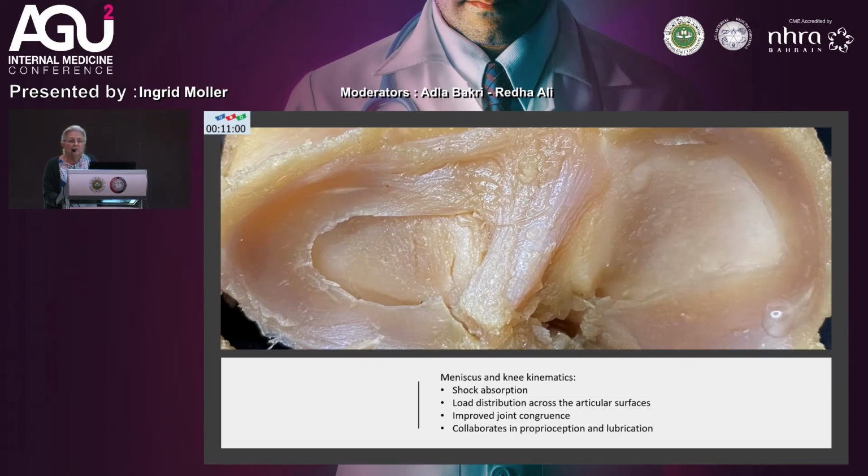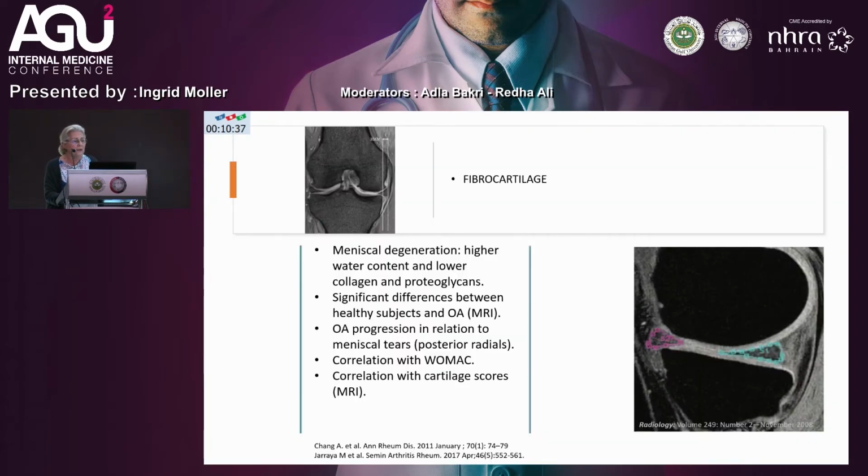And the meniscus, the fibrocartilage, who has not problems in the meniscus? Well, we know the very important role of the meniscus in shock absorption, load distribution, improving joint congruence, also collaborating in proprioception and lubrication.